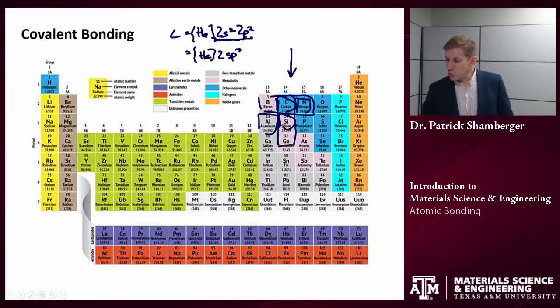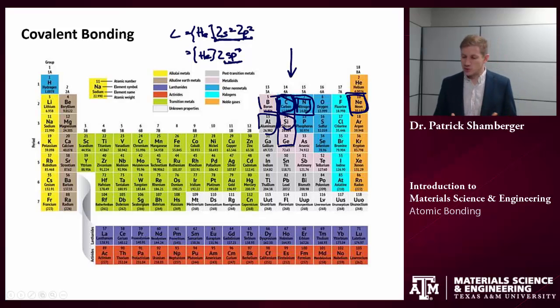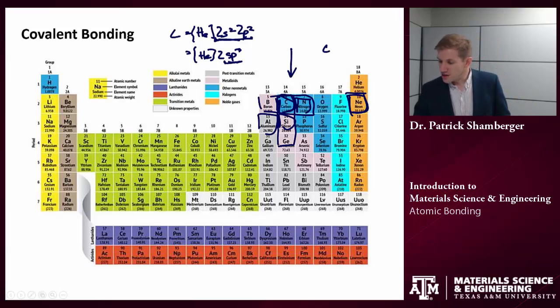Now, I still want to get to a closed shell, and because a closed shell, in this case, has 8 electrons, and carbon has 4 electrons, if I share each of those orbitals with a surrounding carbon atom, I can get to my full closed shell. So carbon bonding, in diamond at least, is tetrahedral. And each of these sp3 orbitals overlaps and is shared by a surrounding carbon, which has its own other orbitals.